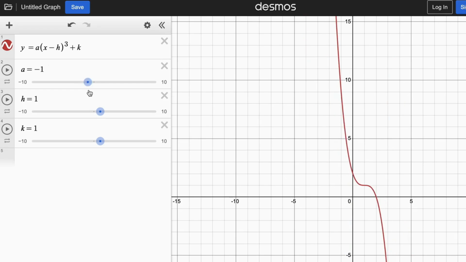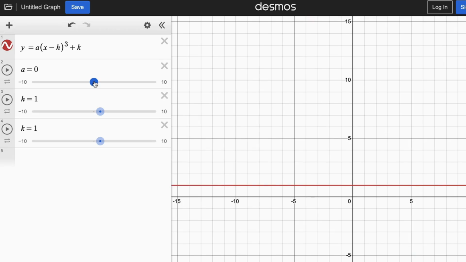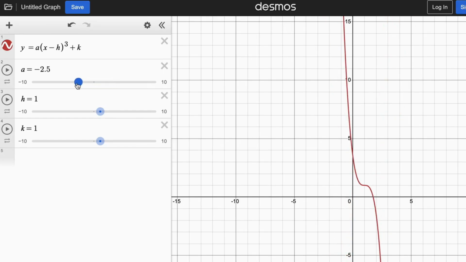So this is how a controls the reflection as well. And notice what happens at 0. When a is 0, this whole term becomes 0, and y becomes equal to a constant, and since k is equal to 1, that is why we get a horizontal line at y = 1. So this is what a controls. Let's leave it at 1.4 for now.